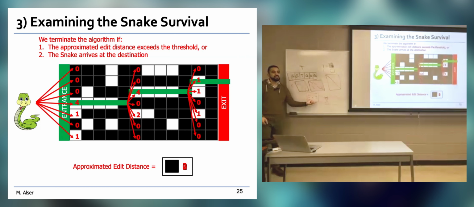Then we are exceeding the edit distance threshold. Why should we continue calculating? We already know that the two sequences we use to calculate this entire maze are dissimilar to each other. Then we could terminate the algorithm early, assuming the approximated distance already hit the edit distance threshold. Or the snake arrives at the destination. We already exit the chip maze, right?